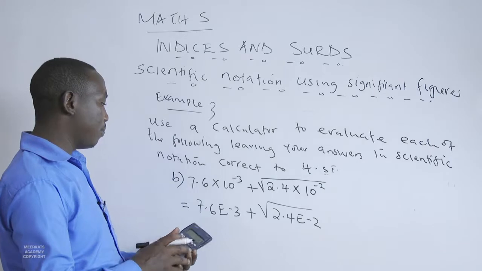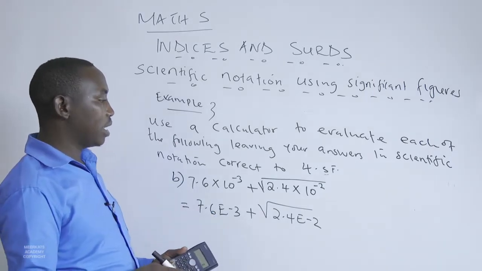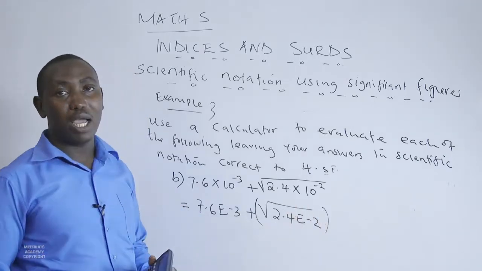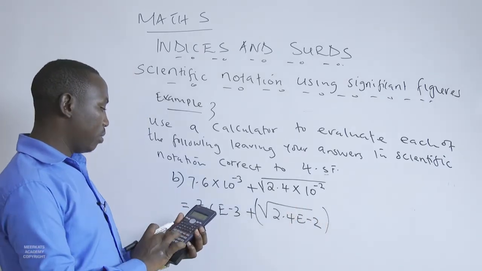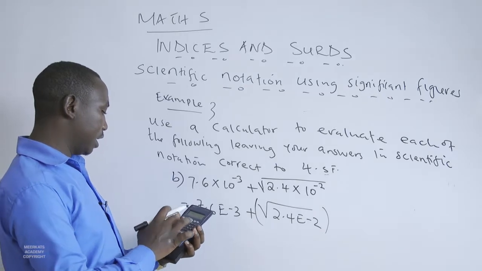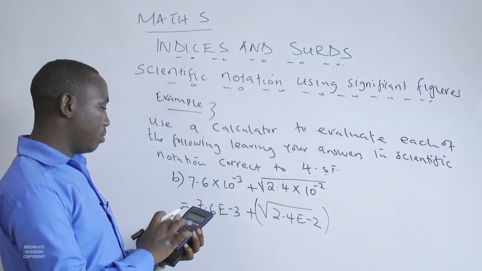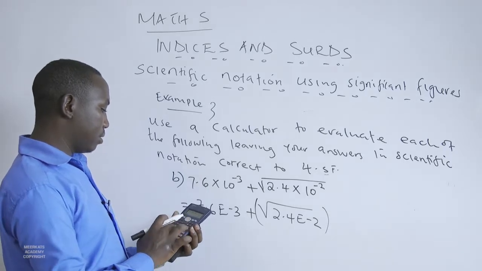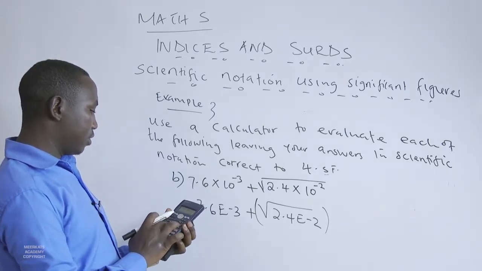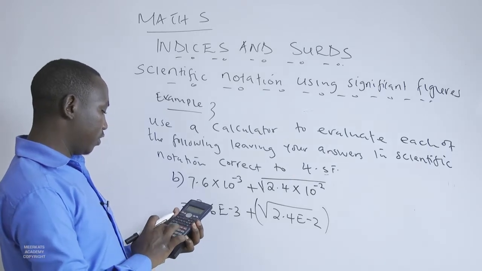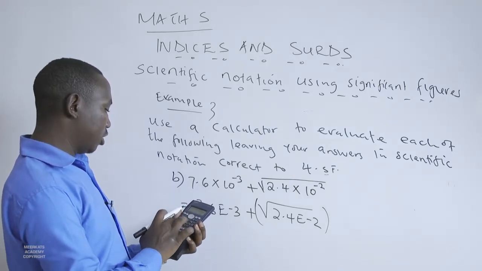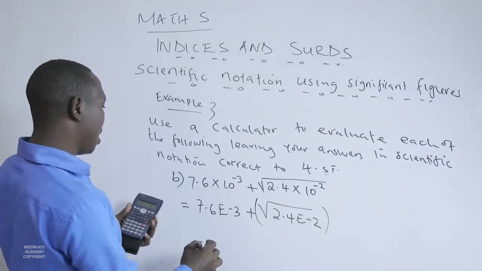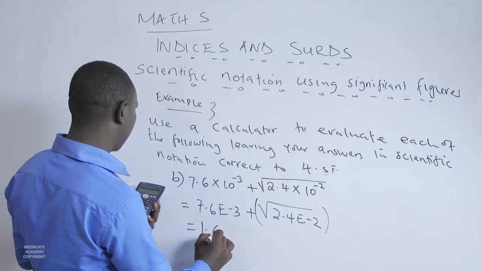We shall press it the way it is, but on the calculator we should include the opening and closing brackets. So that will be 7.6 exponential negative 3 added to brackets, root of 2.4 exponential negative 2, we close the bracket, and this will give us 1.6.